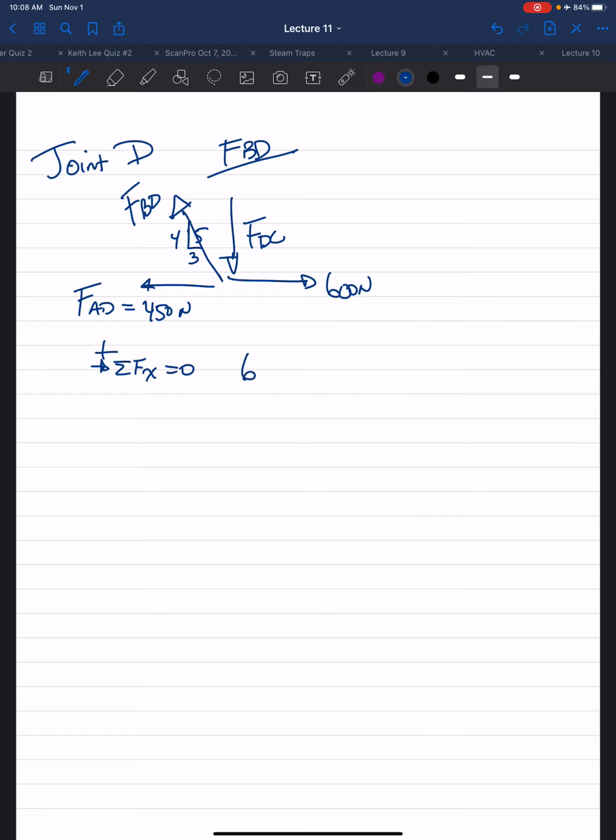We have our 600 Newton force minus our 450 Newton force minus our FBD, and the x component is 3/5. Solving for FBD, 250 newtons.